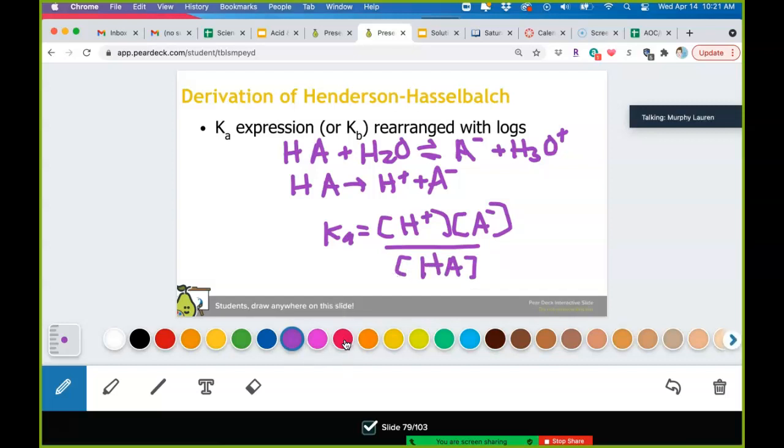All right, and I'm going to assign you the task of isolating the hydrogen ion. So this is just basic algebra. You're going to move the HA up and the A minus down. Okay, so the HA goes here, and the A minus goes down here.